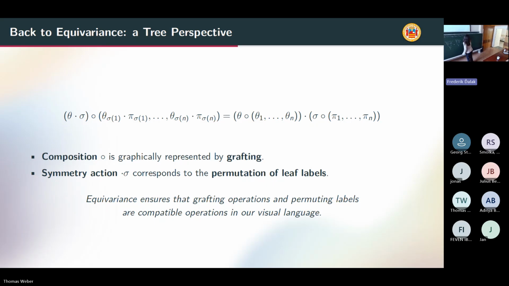But on the other hand, if we look at the right-hand side of the formula, here we have theta composed with theta 1, theta 2, dot sigma composed with phi 1, phi 2, where this is the block permutation of symmetries. I don't know if you are familiar with it, but I usually draw it like this. Here I write integers 1, 2, 3, 4, 5, 6 because I expect to have a permutation of 6 elements.